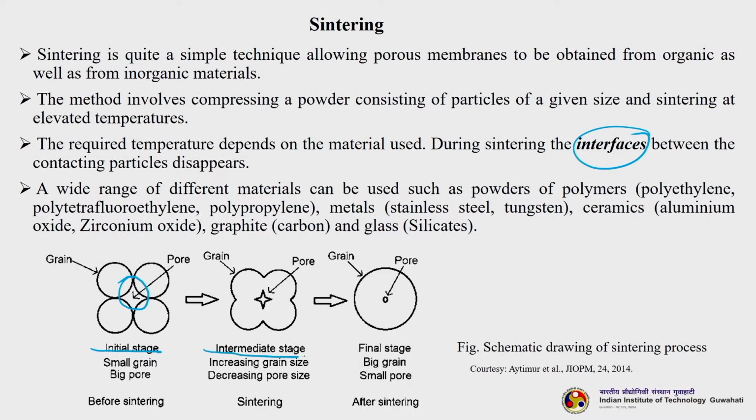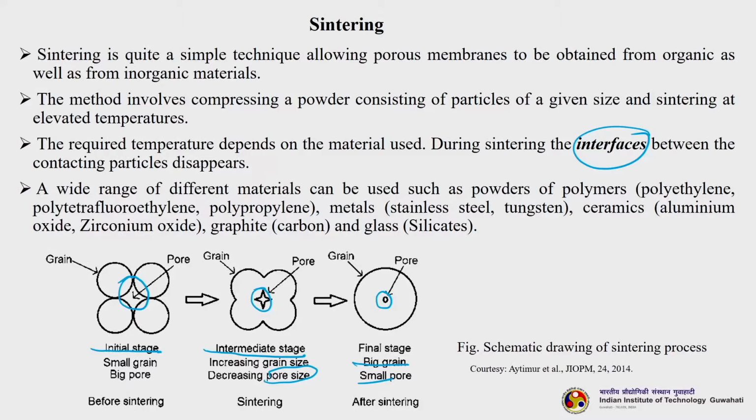In the intermediate stage, the grain size increases. These grains are fusing together. When they fuse together, the grain size increases, however, the pore size decreases. You can see the pore size has become small. Then in the final stage, we get a big grain and a very small pore. This is how the pores are developed using a sintering process.